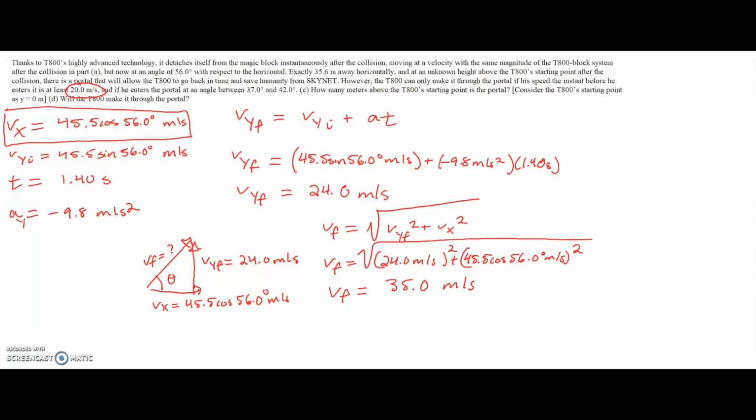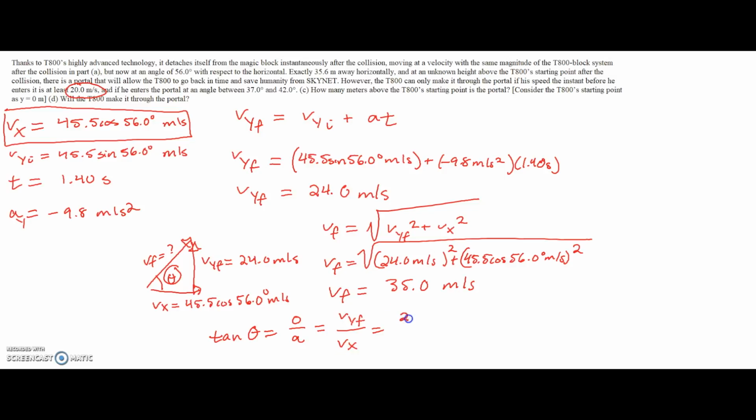In order to figure out exactly what the angle is, again we use our understanding of trigonometry. Here we need to figure out what this angle is. We know that tangent theta is going to equal the opposite over the adjacent. The opposite here is the velocity final in the y direction, over the velocity in the x direction.